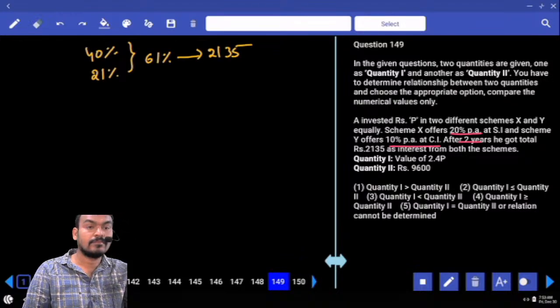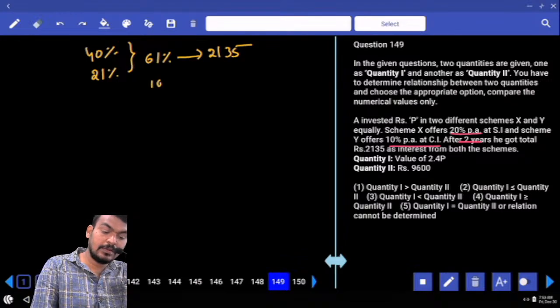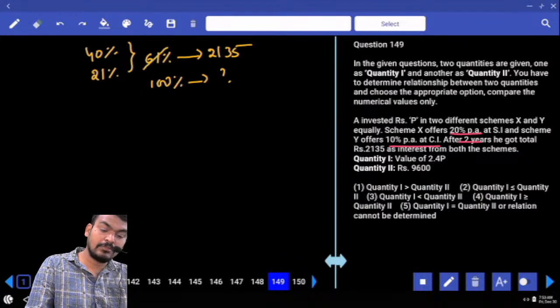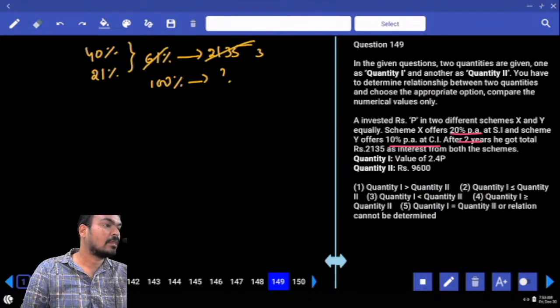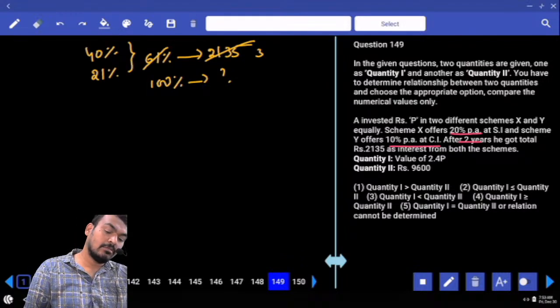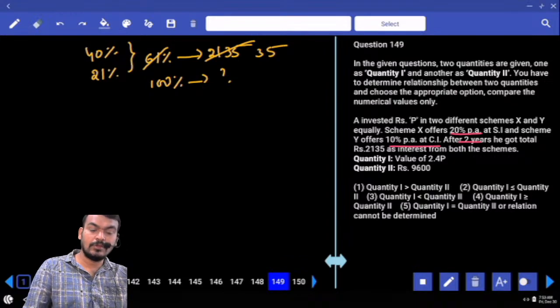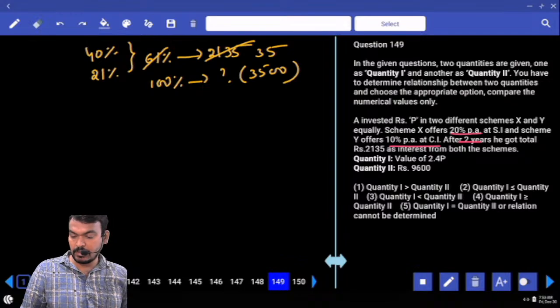That is equal to 2135. First we get the 100% value, that is the principal of either scheme. 61 times 3 is 183, remaining value 305, which is 5 times. So the P value is 3500. What is quantity 1?